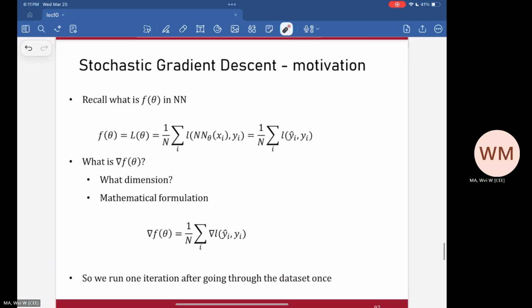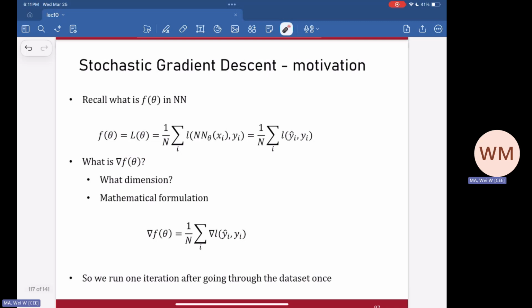There's one more thing, though I don't think I have time. We are talking about gradient descent, but in neural networks we are actually not using gradient descent. We are using stochastic gradient descent. Where does the stochastic come from? It's mainly because of the loss.